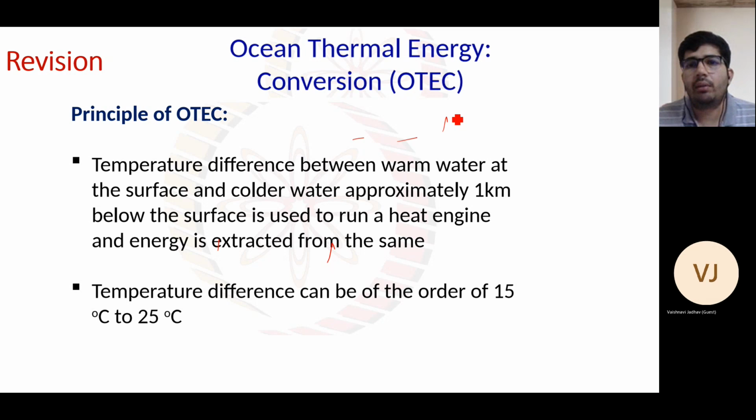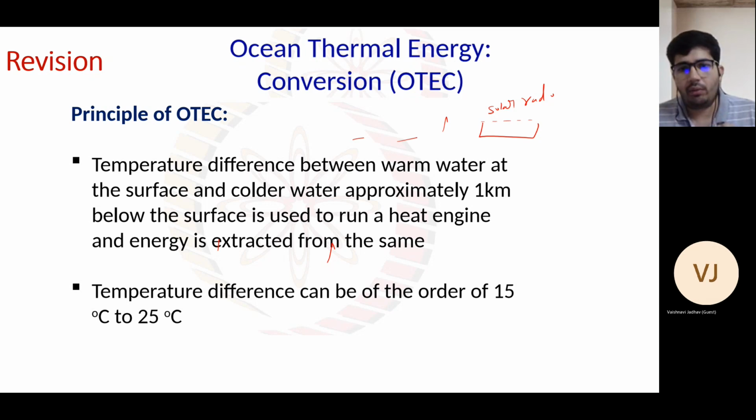Suppose this is the ocean, this is the water surface. The water surface is receiving solar radiation. Due to the solar radiation, the surface temperature of the water for the ocean or the sea is high as compared to the water just below, approximately 1 kilometer to 1.5 kilometer.